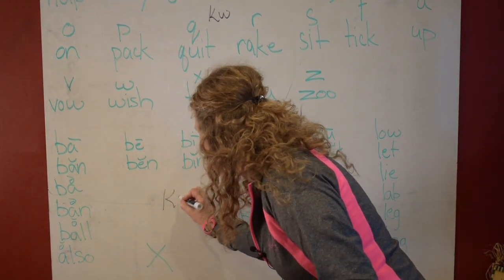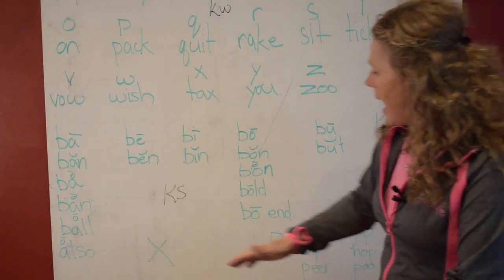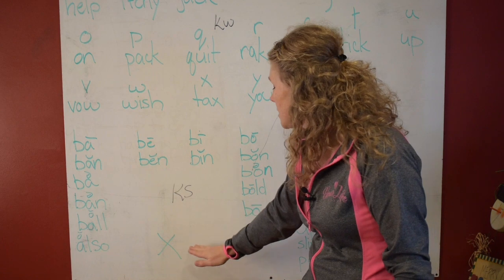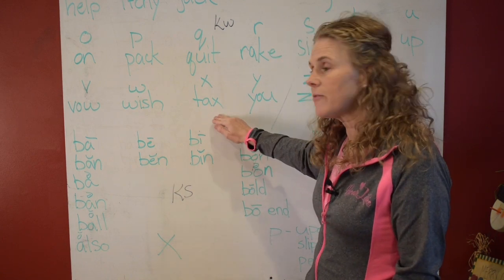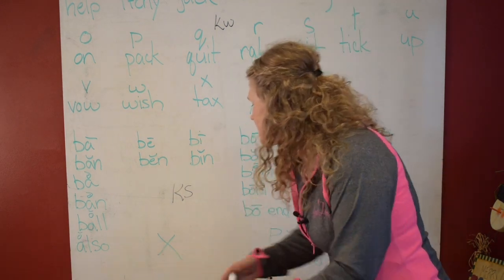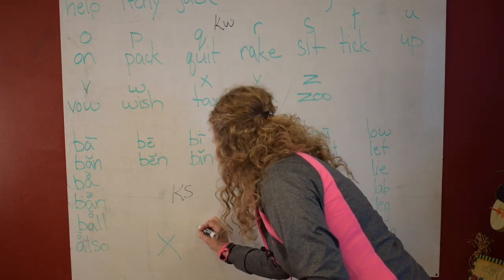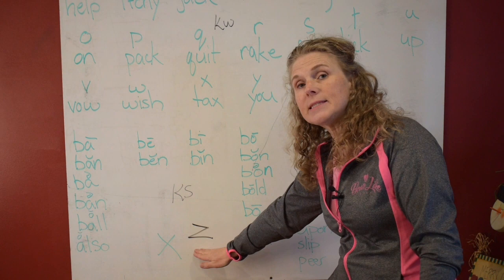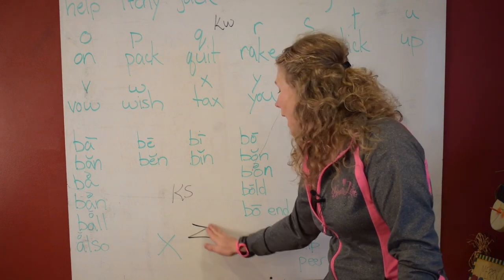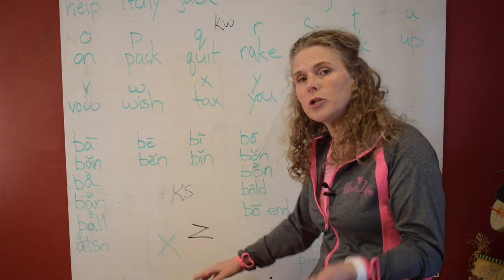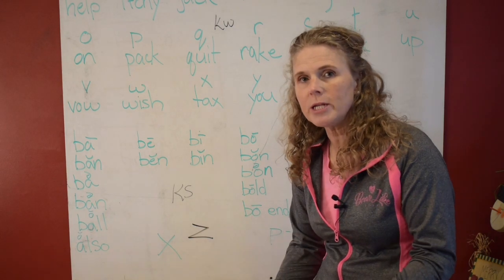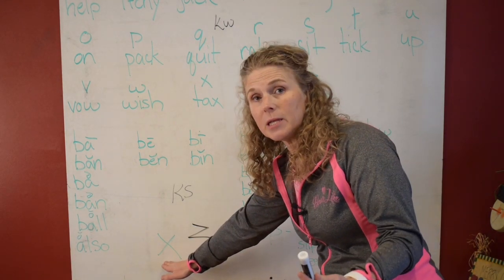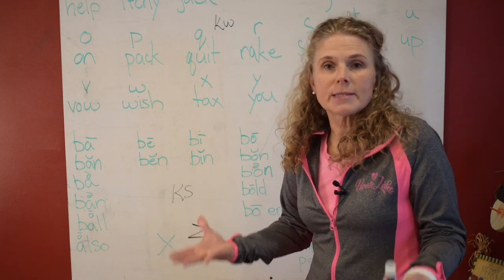Now let's talk about the X sound. This makes the k s sound, and you will find this sound in the middle of words or at the end of words. But if you see an X at the beginning of a word, it will make the z sound. Oftentimes when you're just speaking regular language, you will not see X at the beginning of a word, except for xylophone.